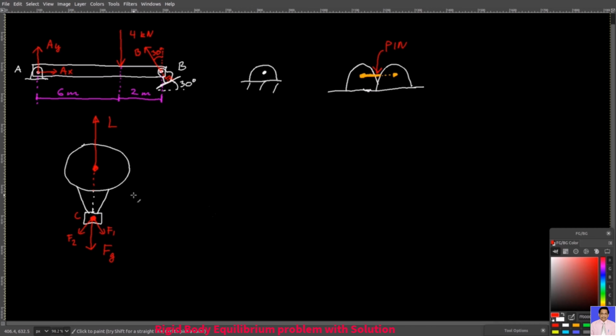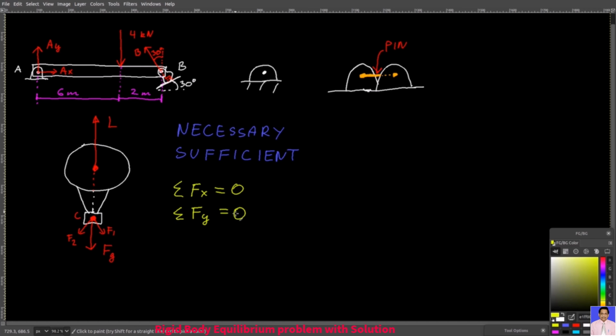That's why, in particle equilibrium problems, the necessary and the sufficient condition was that the sum of all the forces in all the directions had to equal 0. So the sum of all the forces in the x direction had to be 0. In the y direction, it also had to be 0.